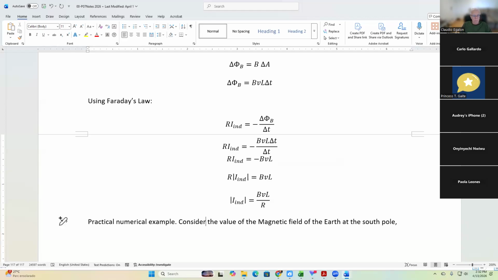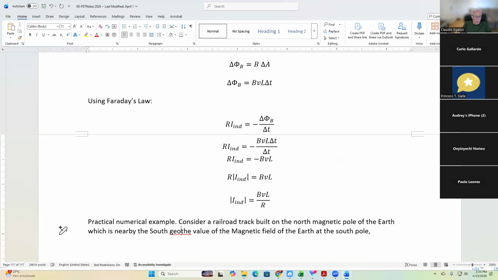Consider a railroad track built on the north magnetic pole of the Earth, which is nearby the south geographic pole, Antarctica.